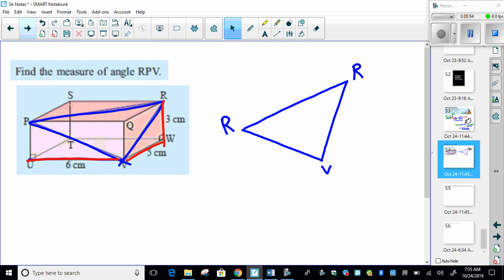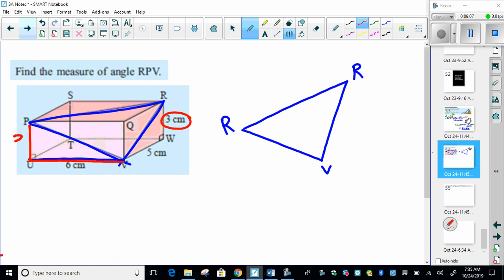Now the nice thing about this is all of those lengths that they gave me make up right triangles. So for instance, I can look right here in the front. This is 6, and this height is the same there, so it's 3. And now you have a right triangle. Like if you think about the front of the box, you now have a right triangle in there. So you can figure out what PV is. Oh, I wrote that wrong.